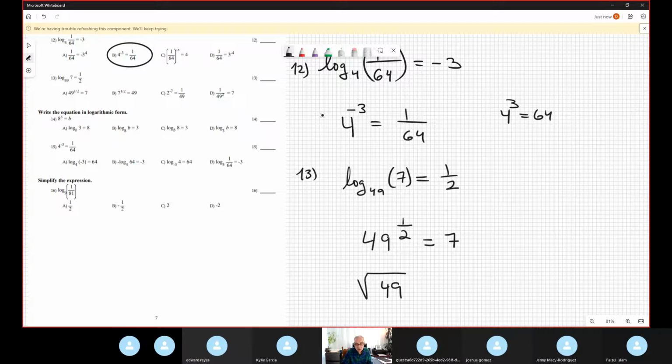So the exponent here is invisible, and when you're talking about square root, by default, you put the radical symbol as the square root. It's 7, because 7 times 7 is 49. Okay, the 13 is option A. Super easy, eh?